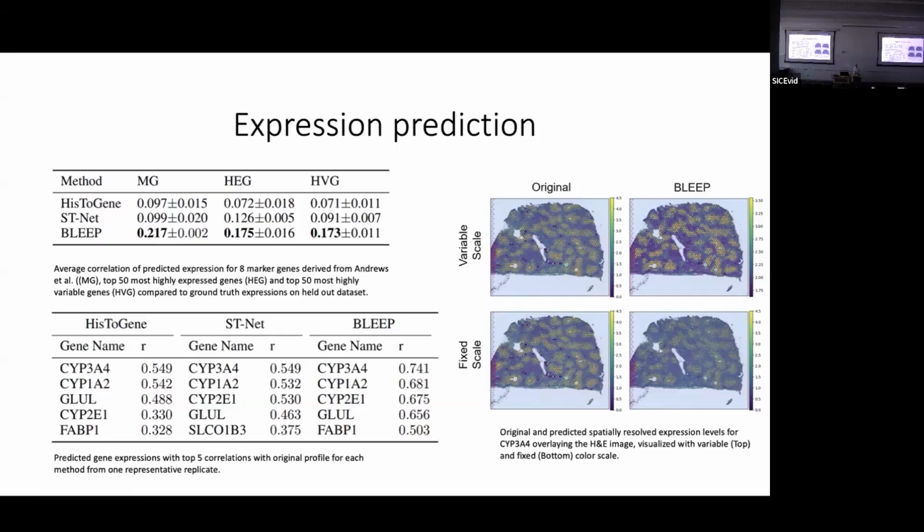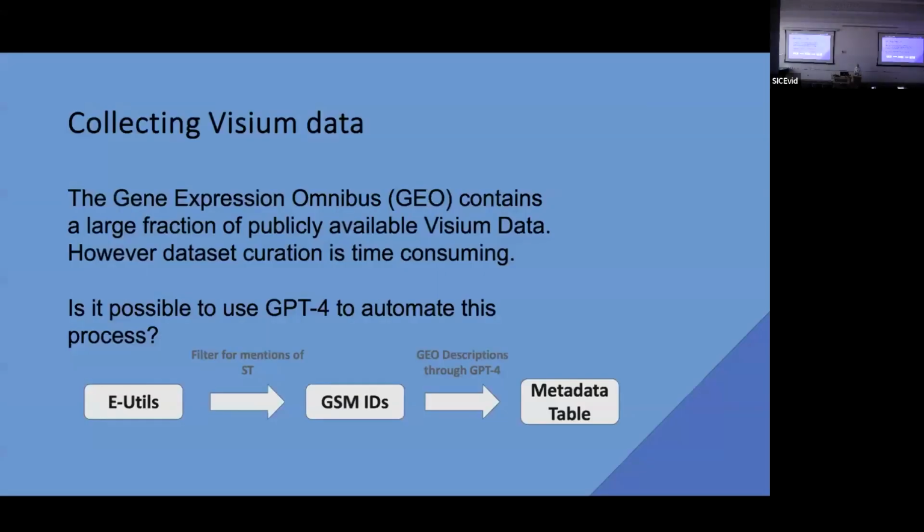This project also only used 4 Visium samples, just with human liver. It doesn't readily translate to other tissues. So we're working on next generation systems that use a lot more data and develop a better, more generalized representation of this image transcriptome relationship.